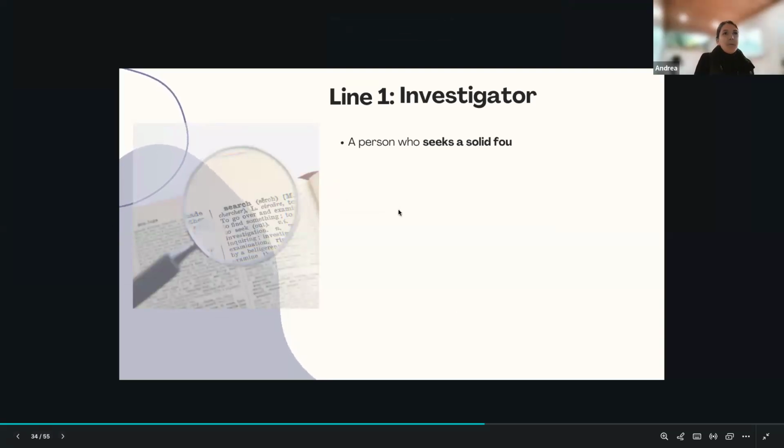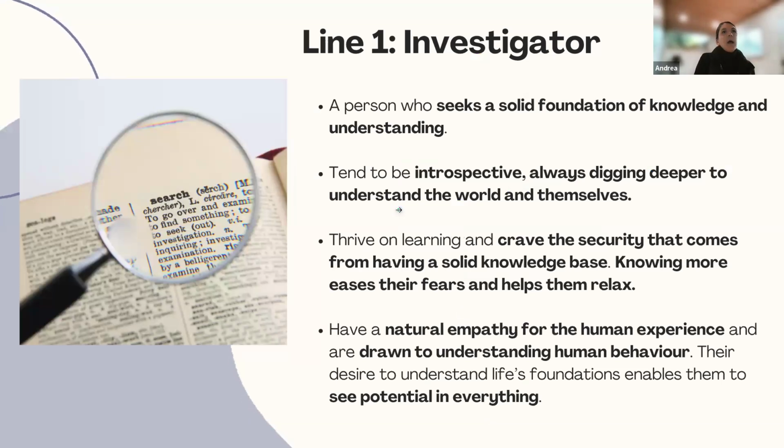So line 1, the investigator. This is a person who seeks a solid foundation of knowledge and understanding. They're the ones that always want to be learning more, and feel like they're not satisfied with how much they learn, that there's always more to learn. They tend to be introspective, always wanting to understand things better themselves.